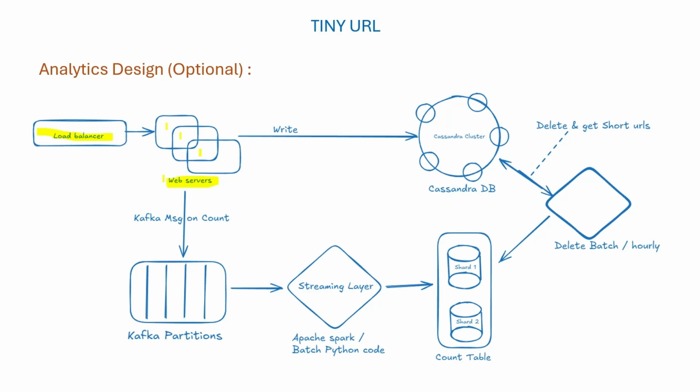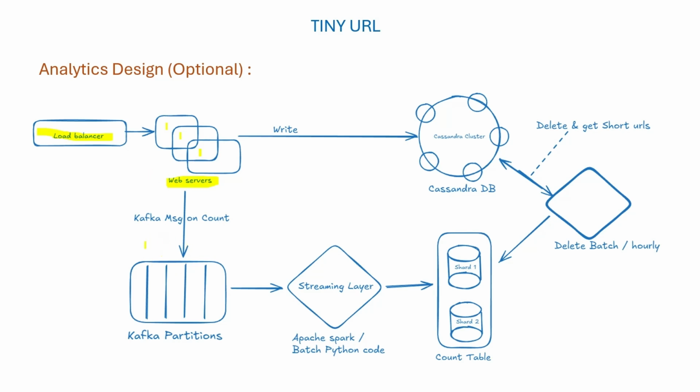After we fetch the data successfully, we can trigger a Kafka message in an asynchronous fashion for analytical purposes. Upon every successful get call, a Kafka message will be published.